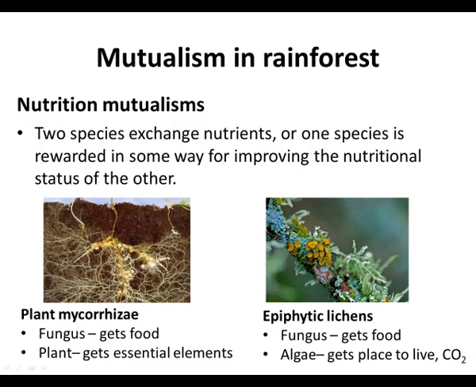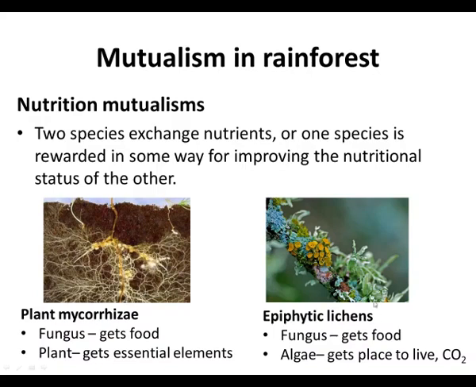So basically, the fungi associated with these roots increase the surface area of the root system functionally and physically. So the fungus will get all the food from the plant, and the plant gets essential elements absorbed through these fungus partners. And also lichens.